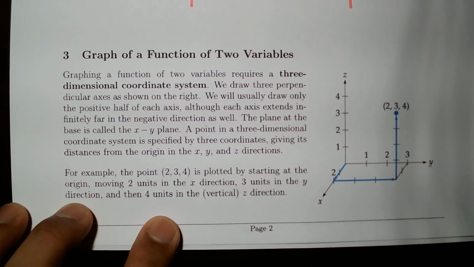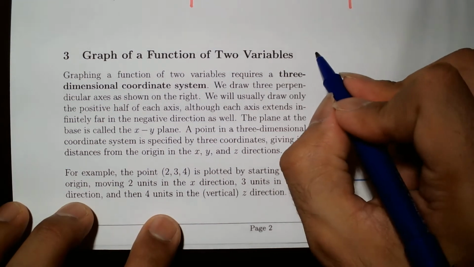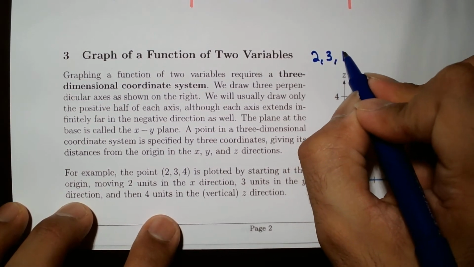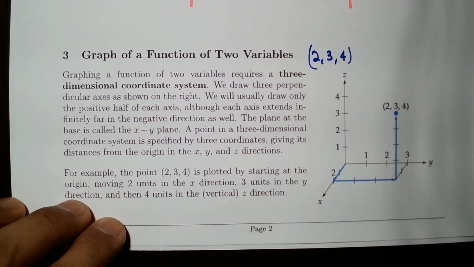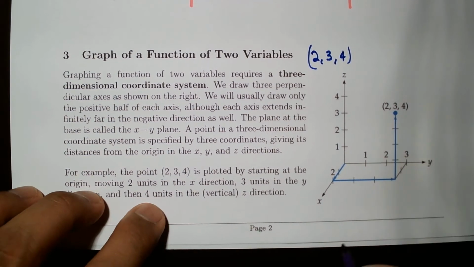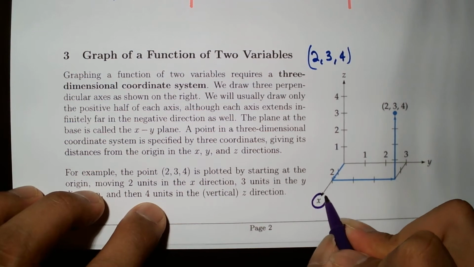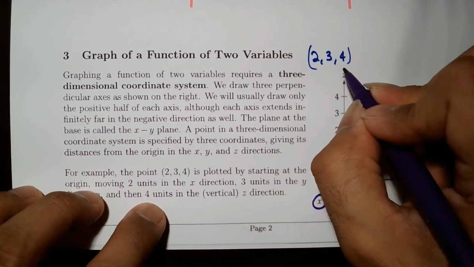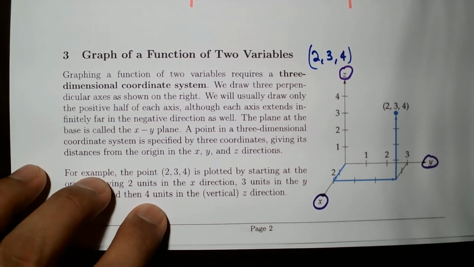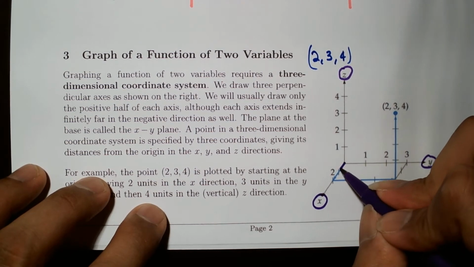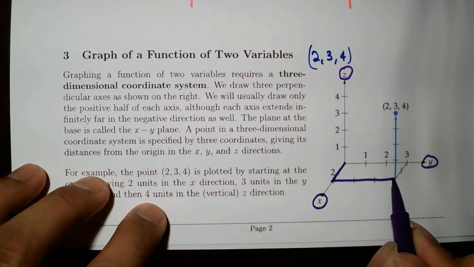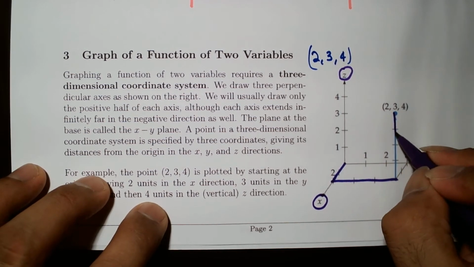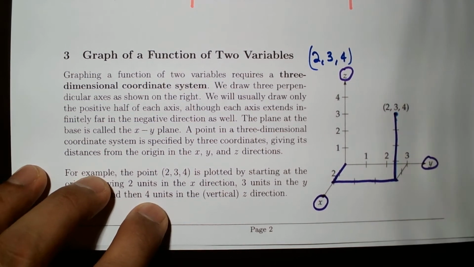For example, we want to graph the point (2, 3, 4) as described in the picture here. In this case, this is the x-axis, the y-axis, and the z-axis. So we move 2 units in the x direction, then 3 units in the y direction, and 4 units up in the z direction.